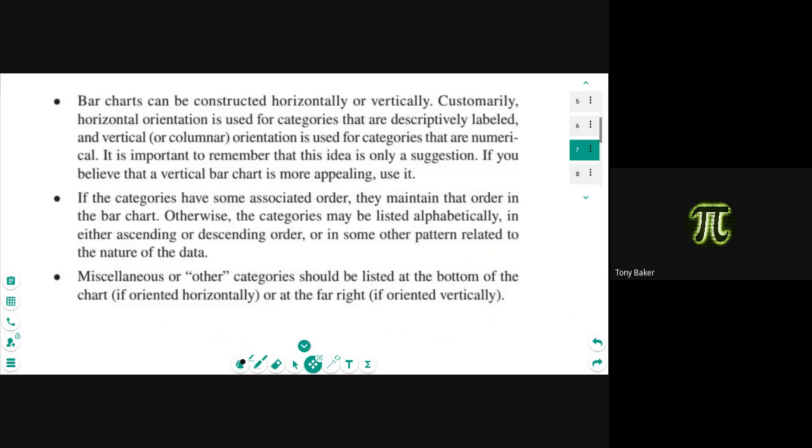That order doesn't matter. That goes back to where we were talking about nominal data and ordinal data. If it's ordinal data, keep it in the order that would be effective. If it's nominal data, it doesn't really matter in that respect. Your other categories should always be listed at the end or on the bottom, depending on how it's listed. So it should be outside of the actual data, even if it's taller than some of the other data that's there.